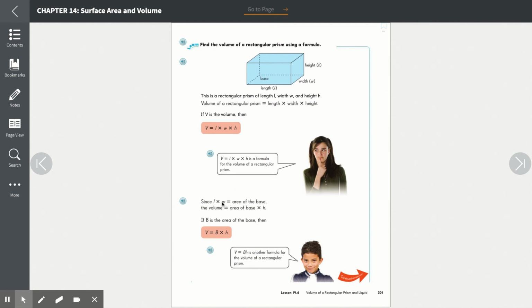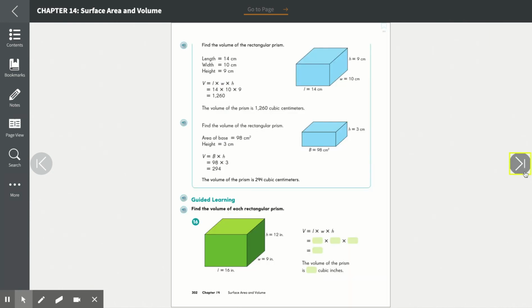Since L times W equals the area of the base, the volume equals area of the base times height. If B equals the area of the base, then V equals B times H. V equals BH is another formula for the volume of a rectangular prism. And notice that it's a capital B because it's the volume of the whole base. Okay.